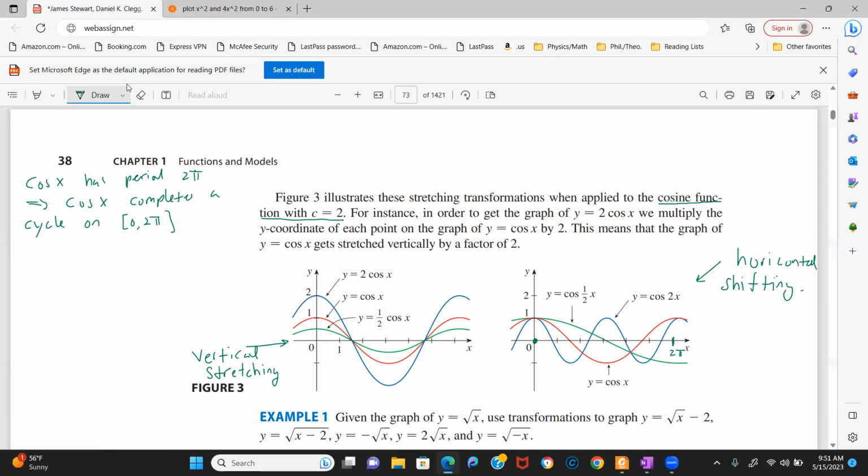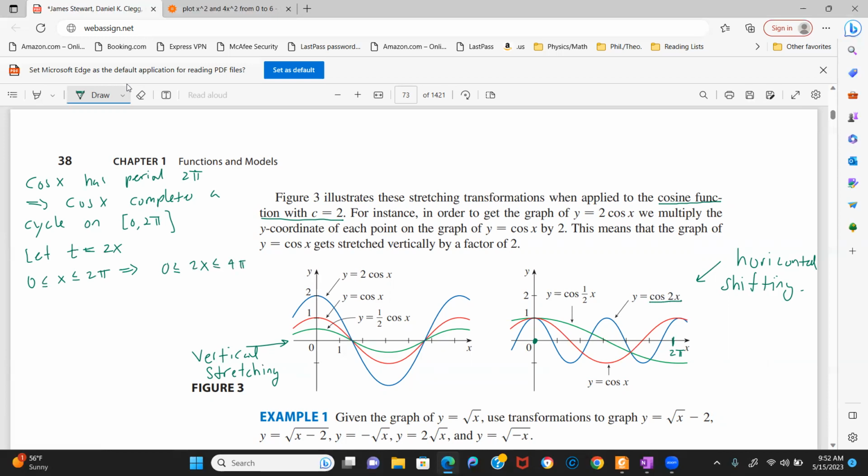So let's look at first the cosine 2x. Cosine x has a period of 2 pi, so cosine x completes a cycle on this interval. Now let's let t equal 2x. So x is going to be some number between 0 and 2 pi, and if we multiply everything by 2, we get 2x between 0 and 4 pi.